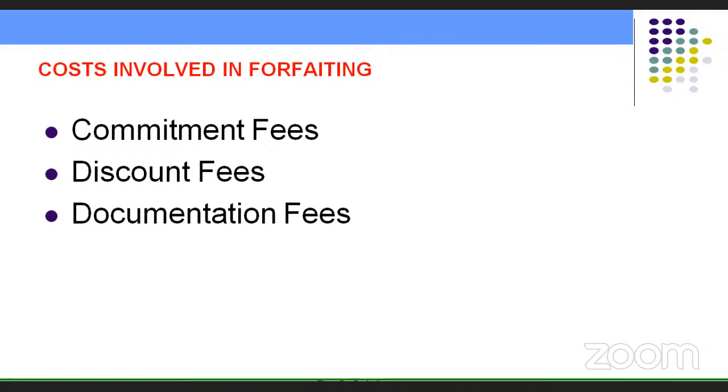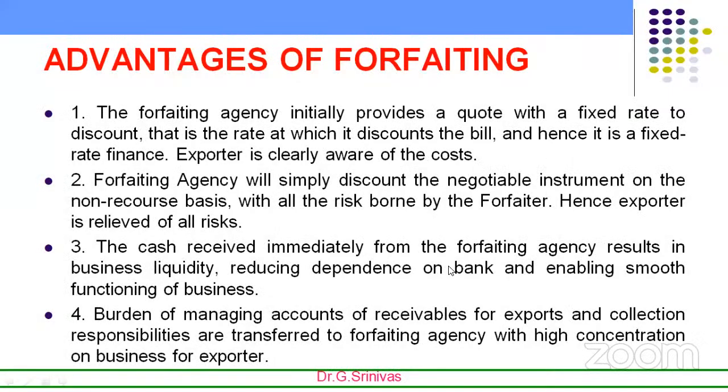Now, with forfeiting, we have some benefits. Okay, we have some advantages that we have to discuss. Advantages of forfeiting. The forfeiting agency initially provides a quote with a fixed rate to discount. That is the rate at which it discounts the bill, and hence it is fixed rate finance. The exporter is clearly aware of the cost.